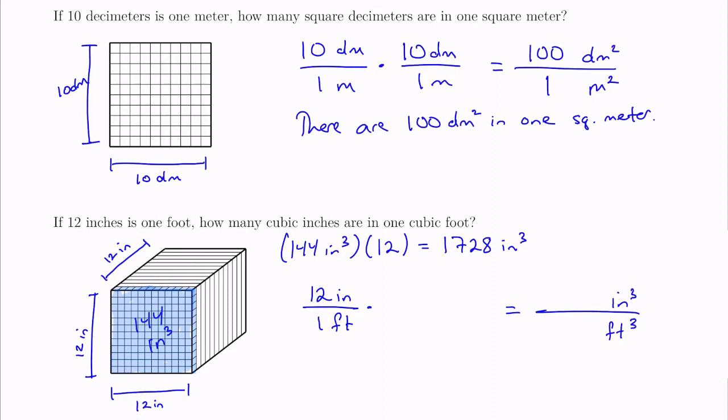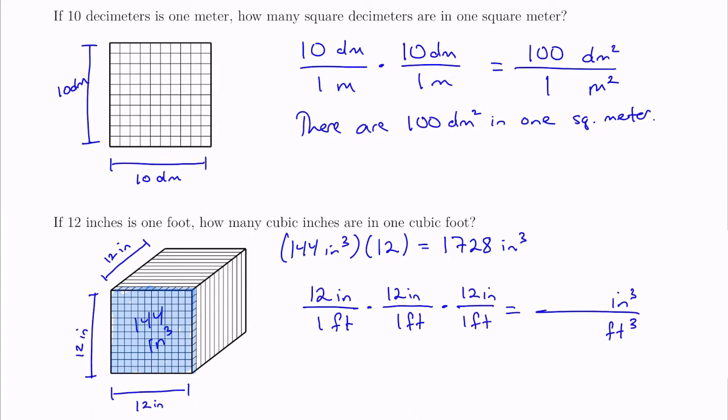Similar to what we just did for the area, if we multiply it by another 12 inches compared to 1 foot, that would give us just the front area of that cube that we talked about originally, the 144 square inches. But to bring it into the third dimension, we would multiply by another 12 inches compared to 1 foot.